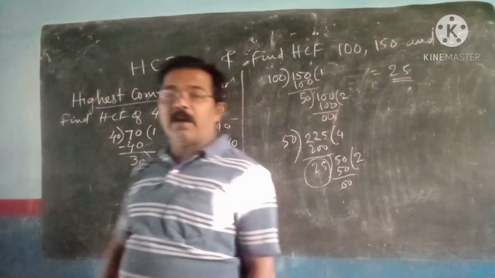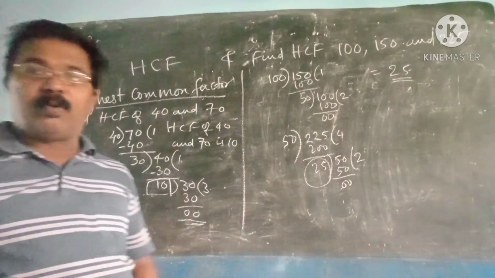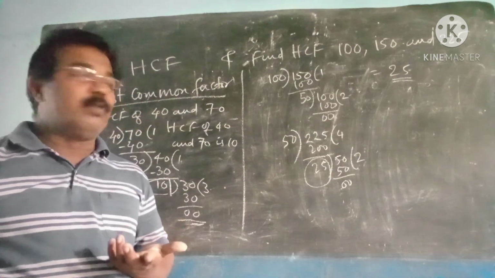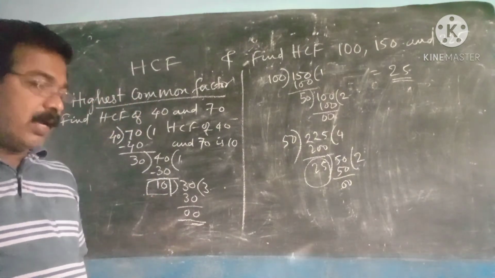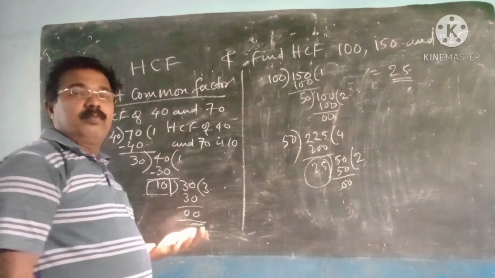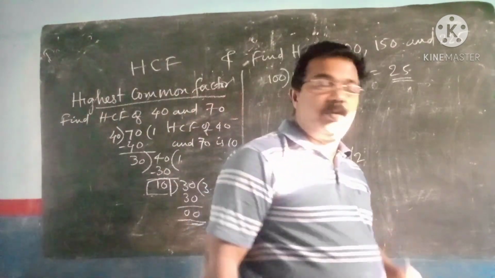In this way we can find out the HCF and LCM of numbers. I give one more example over here, and after that we will be able to find the HCF very easily.